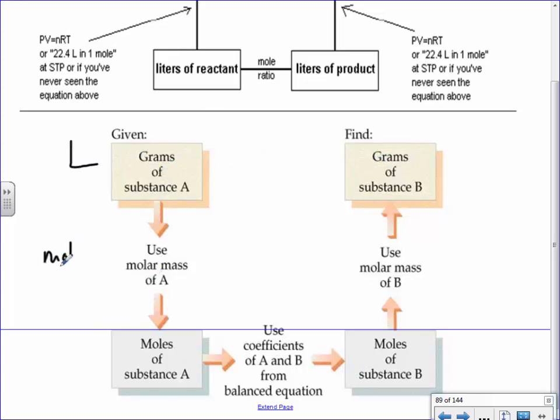You then multiply by moles per liter to get to moles. You then use your ratio to stay with moles, and then you divide by liters to get to moles per liter. That's the basic process. It's always the same setup, though: liters, moles per liter, ratio, divide by liters. That's the basic concept. You guys have done enough titrations.